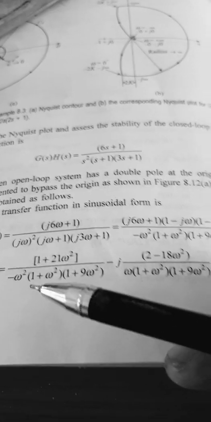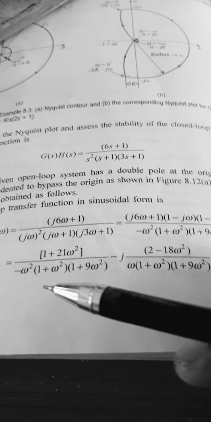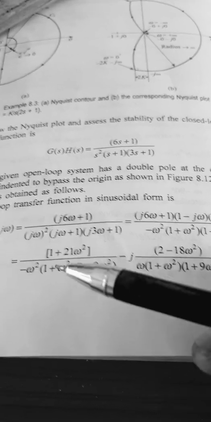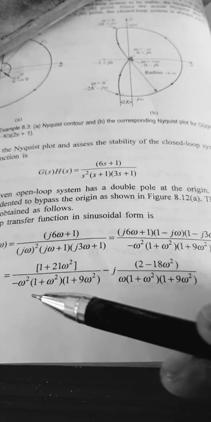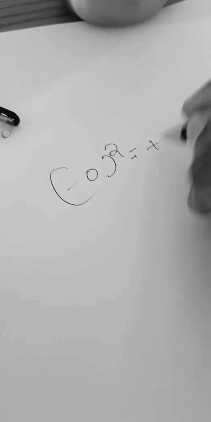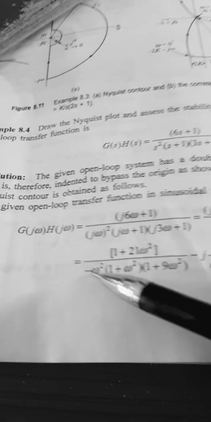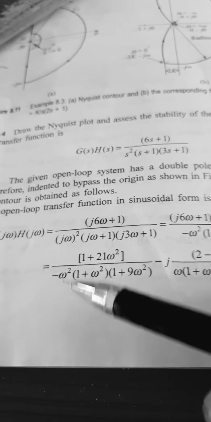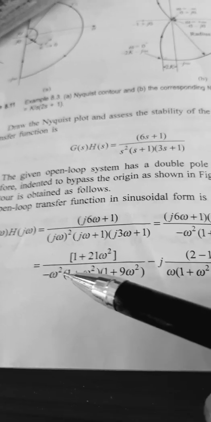Minus omega square means minus 0 squared, which is plus 0 squared, because minus 0 whole square is equal to plus 0 square. Omega itself is minus 0, so minus 0 squared means plus 0 squared.